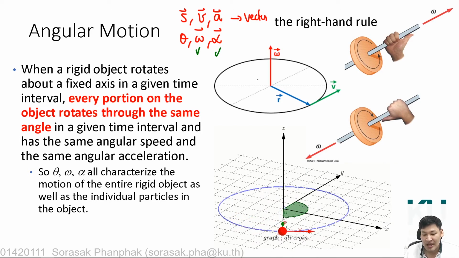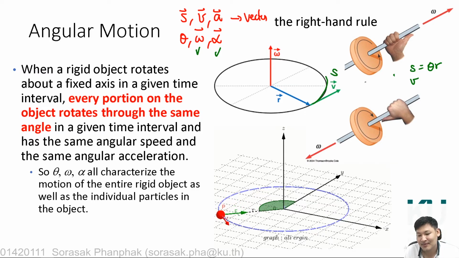For example, if this case has the tangential velocity over this part, as you know the relation from the definition S equals theta r, where S is the arc distance here.